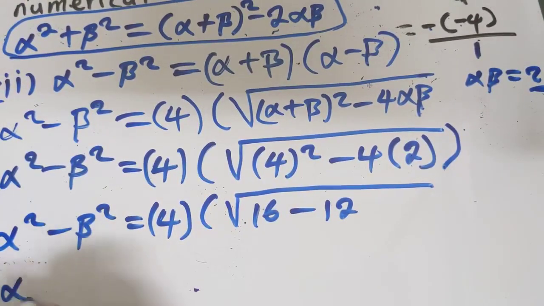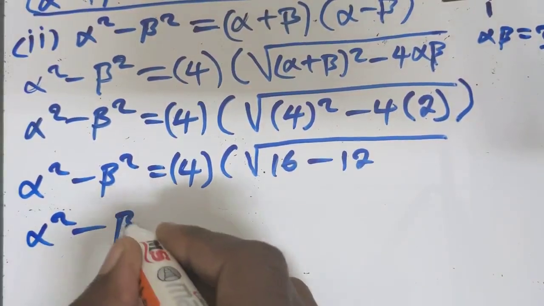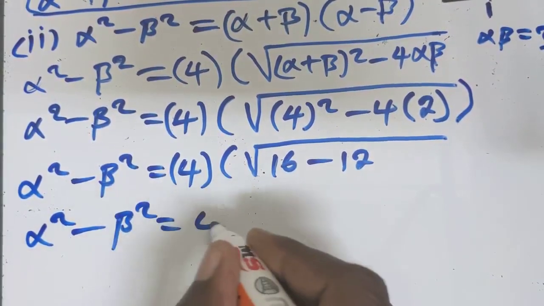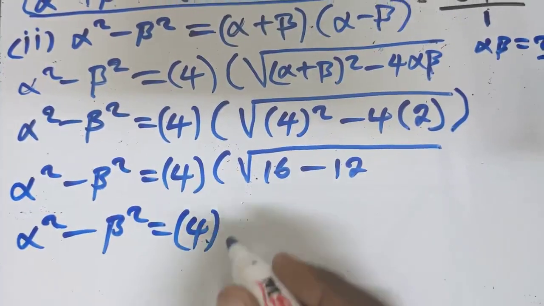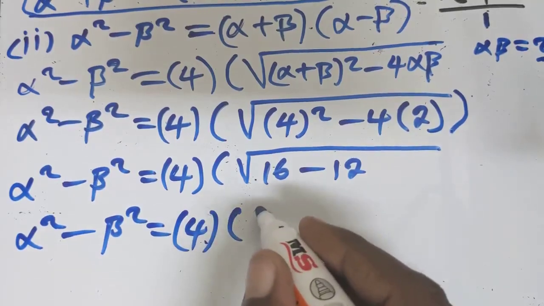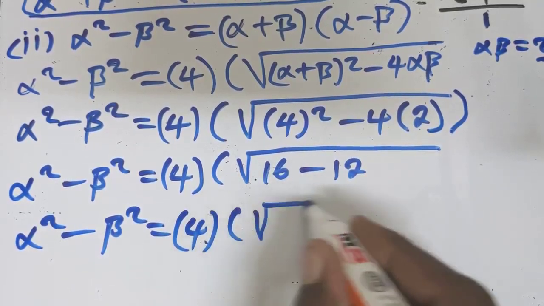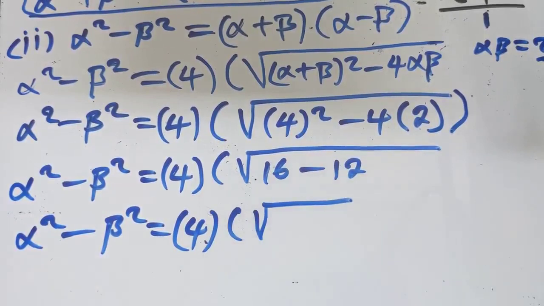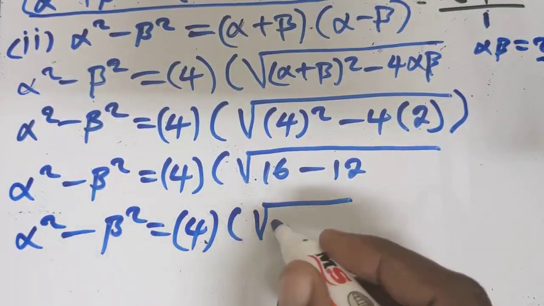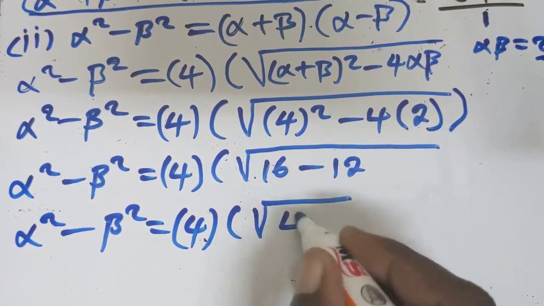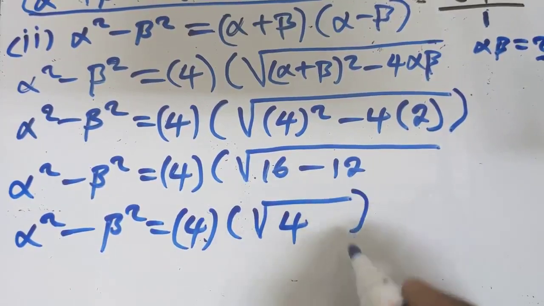So this is alpha squared minus beta squared is equal to 4 multiplied by the root of what? What is 16 minus 12? It is 4. Like that.